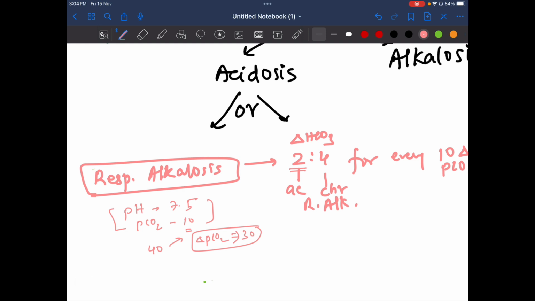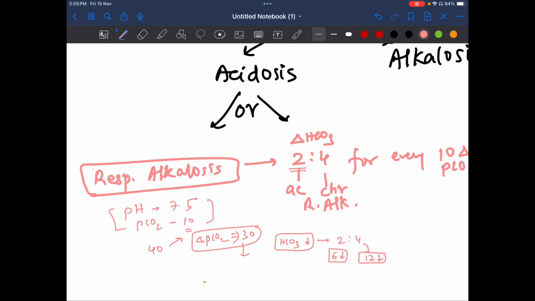How does metabolic acidosis happen? When bicarb falls, right? So how much will the bicarb fall be? 2:4. See, this is 30. For 10, if there is a 2 fall, for 30 there will be a 6 fall. For 10, if there is a 4 fall, for 30 there will be 4 into 3, that is a 12 fall in bicarb.